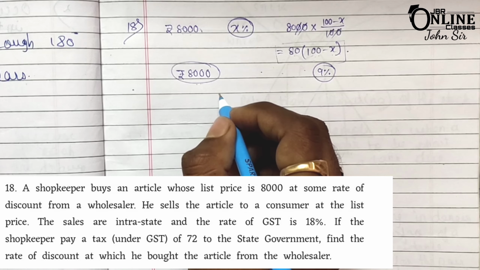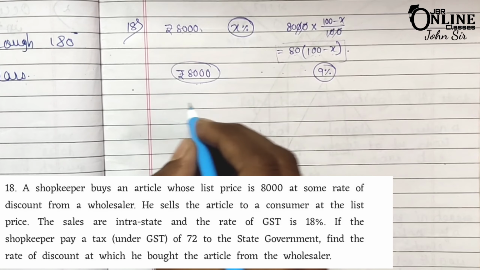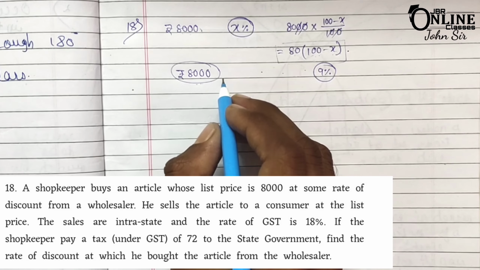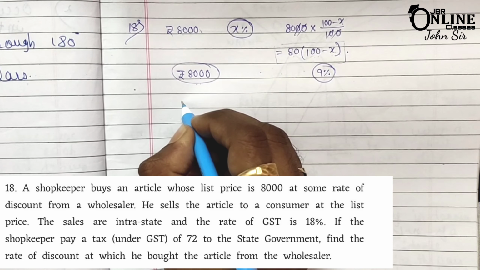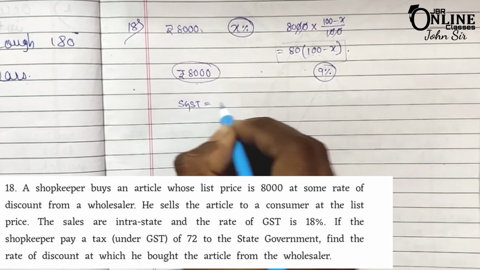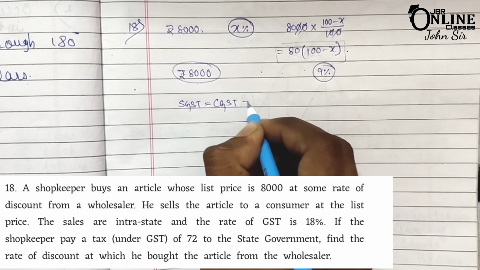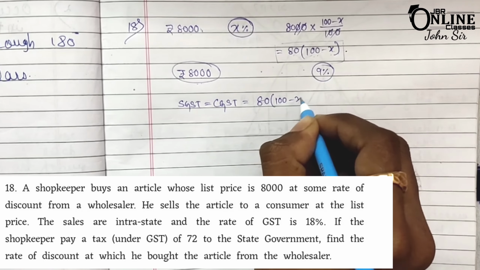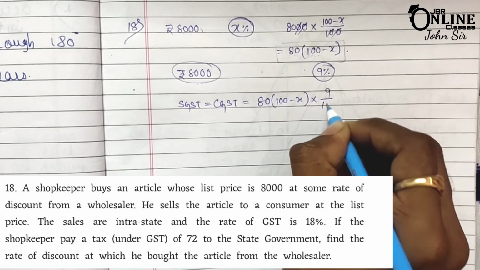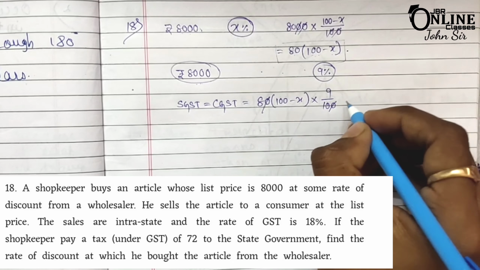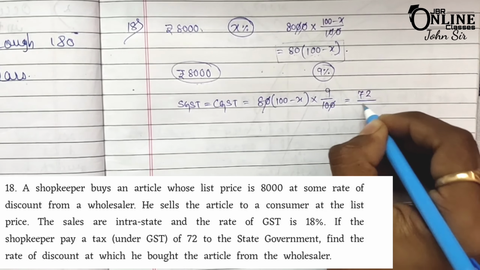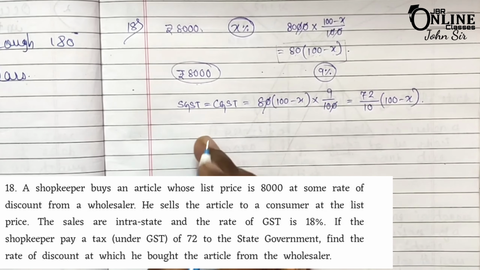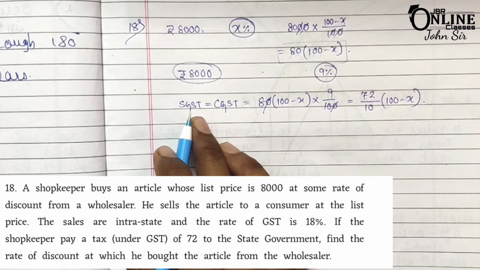Now the amount of GST paid by the shopkeeper to the wholesaler: SGST equals CGST, that equals 80 into 100 minus X into 9 by 100. So that is the CGST and SGST.